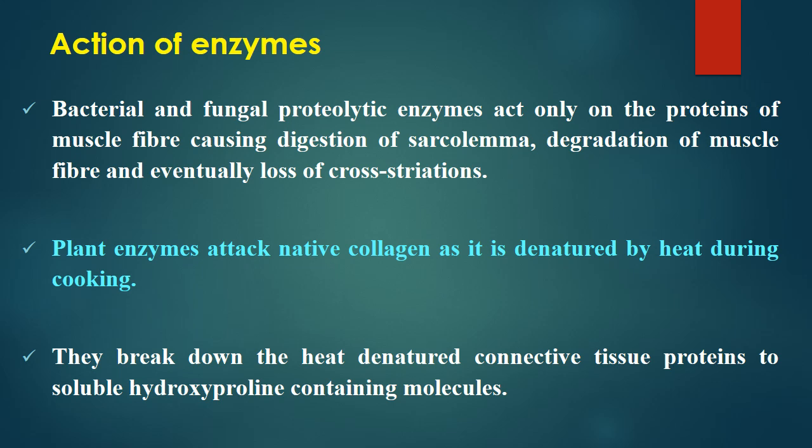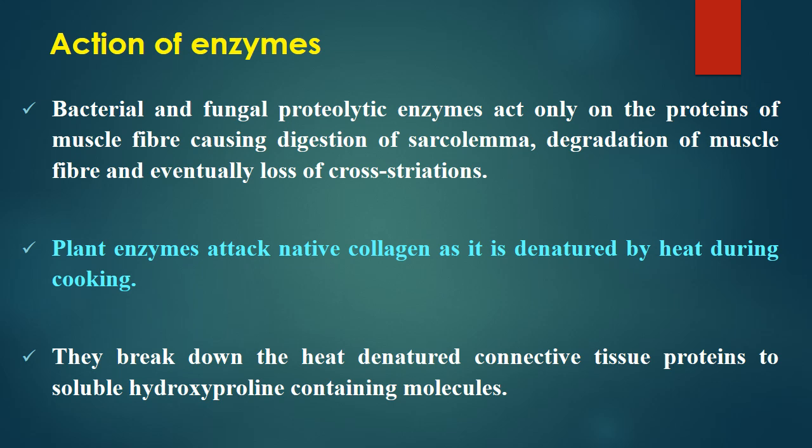The main feature of these enzymes is that they attack native collagen as it is denatured by heat during cooking. The enzymes of plant origin specifically attack more on the collagen, which is denatured due to the heating, and after that these enzymes do the degradation.